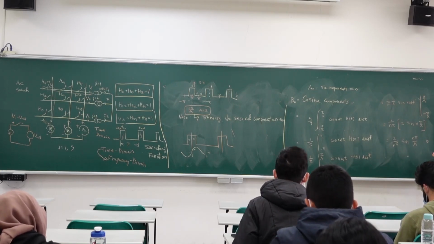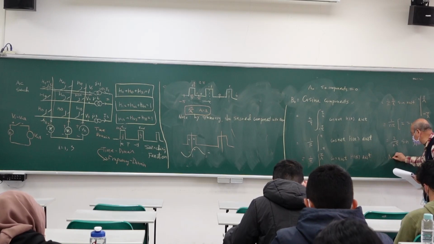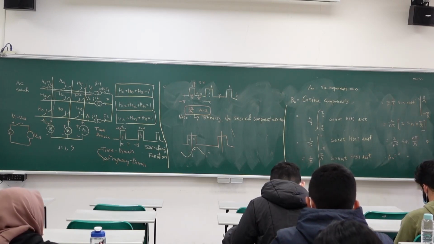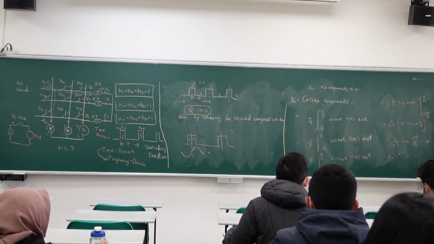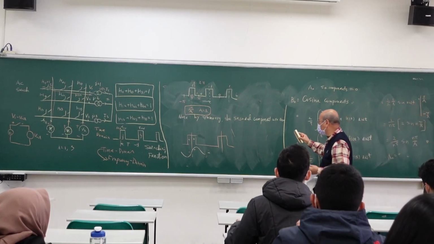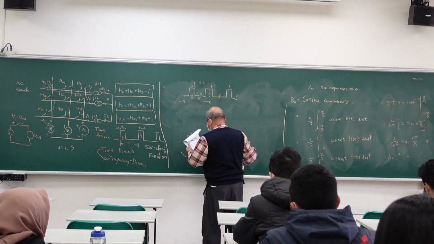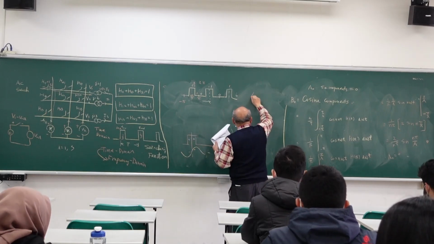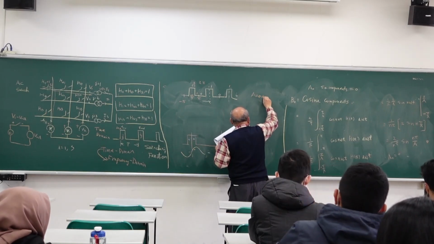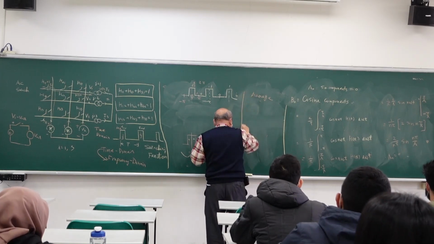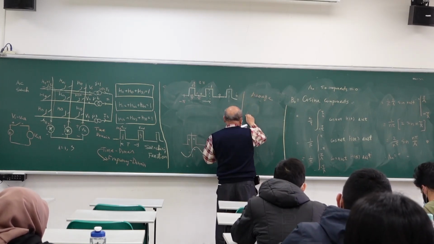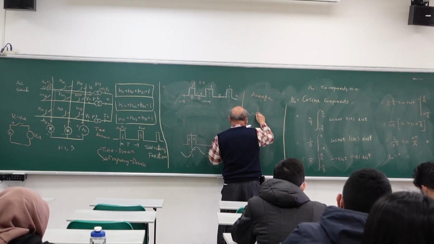So how about an? An is always 0. How about a0? Now we want to calculate a0. A0 is the average. How can we calculate the average? One period is 2 pi.